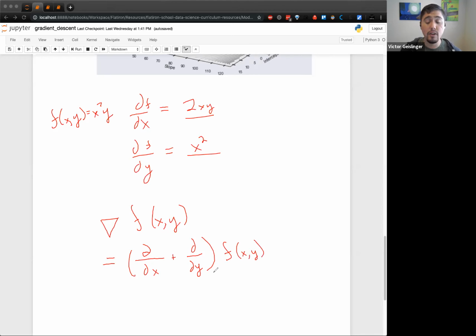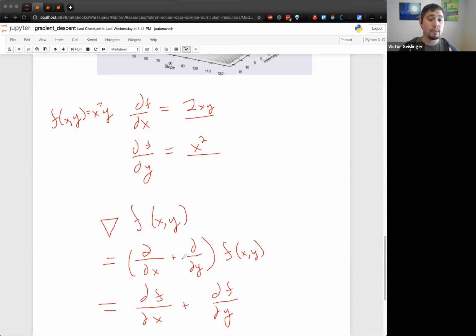Basically, you imagine this like a big term, this derivative of x and this derivative of y. You say these are two terms and you kind of multiply them out. So this ends up being the derivative of f with respect to x, I'm just gonna put f instead of f of x, y, just to save on some space in my writing, plus the derivative of f with respect to y.